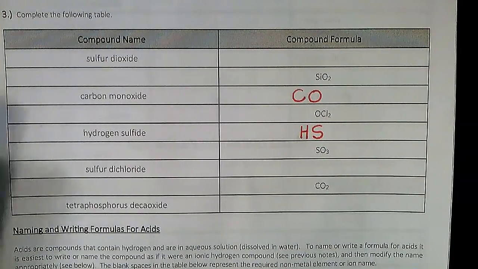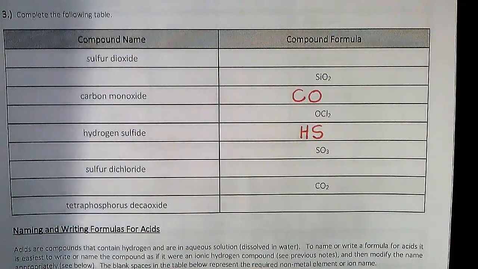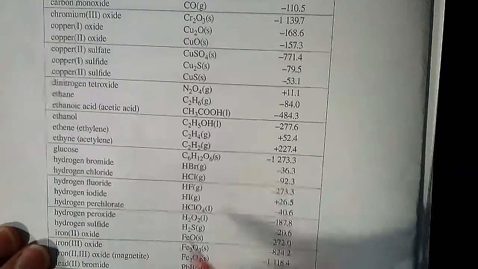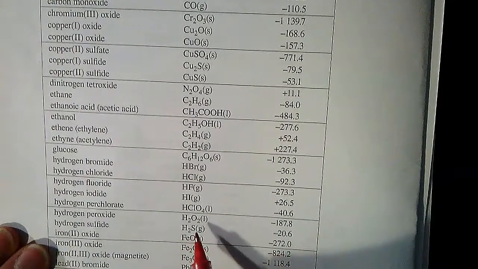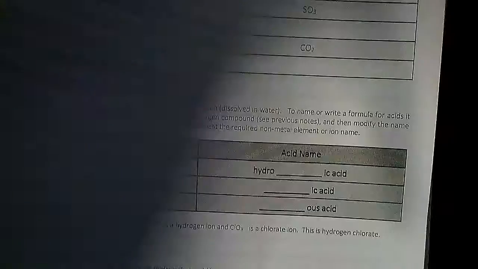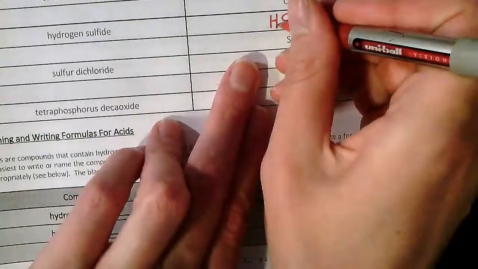But we should be able to tell a couple of different ways what the amounts of hydrogen and sulfur would be in the molecule. The first way is that it is on this table here. So you could just see the name here and copy down the formula. That's kind of a cheaty way to do it, but it's fine.